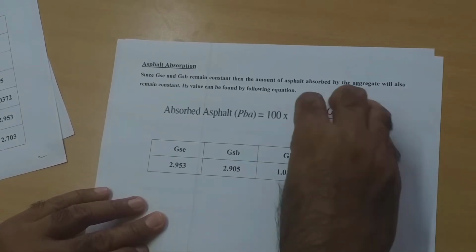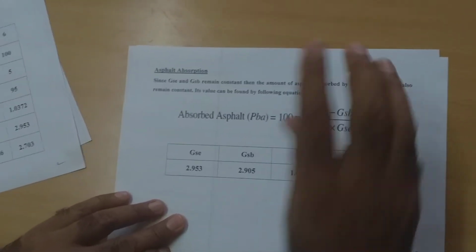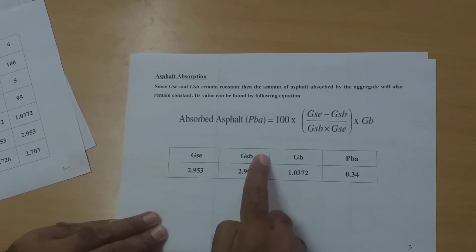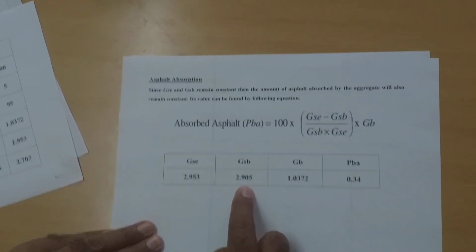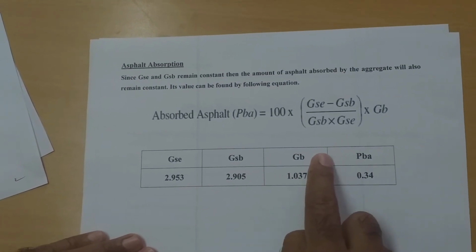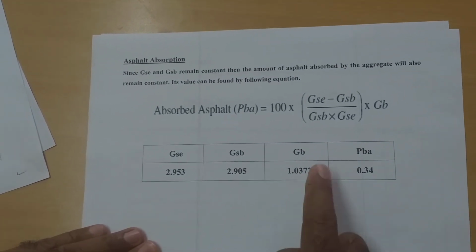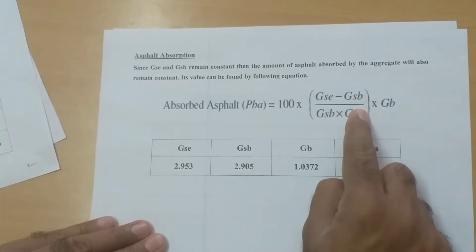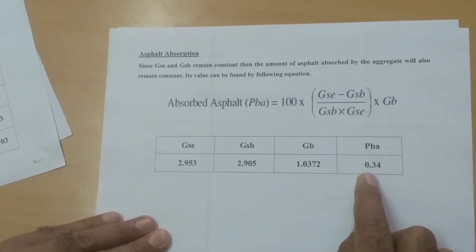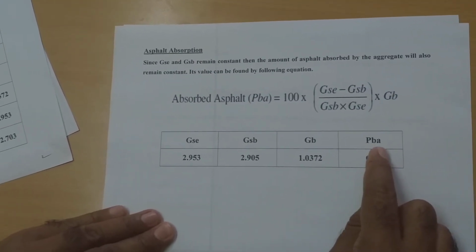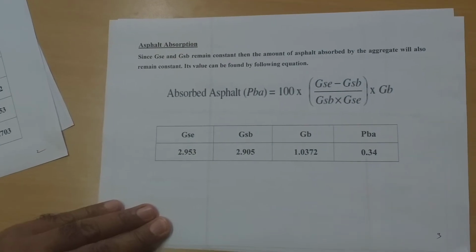Now all the values in this expression we have already calculated: GSE, GSB combined bulk specific gravity, GB specific gravity of bitumen. When these three values are put in this formula, we are going to get the value of PBA. PBA means percentage of bitumen absorption.